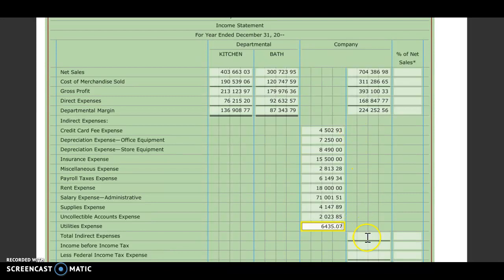We're going to go ahead and add up those indirect expenses.